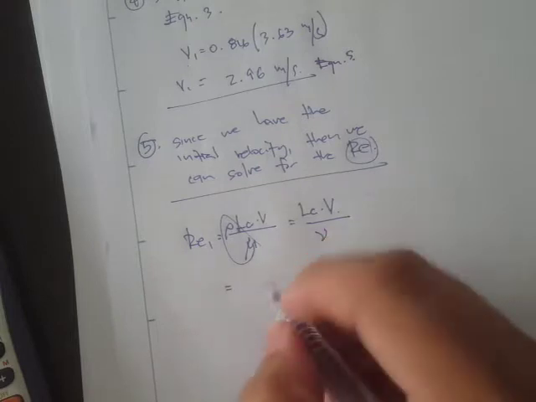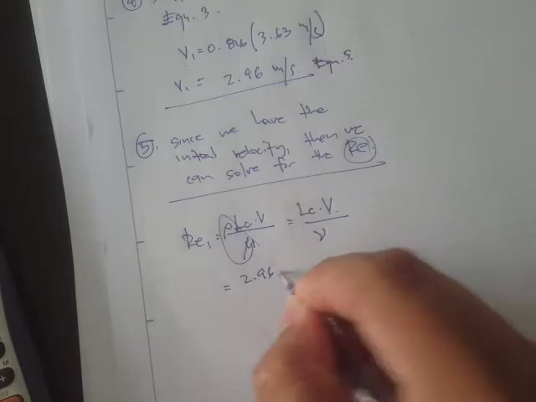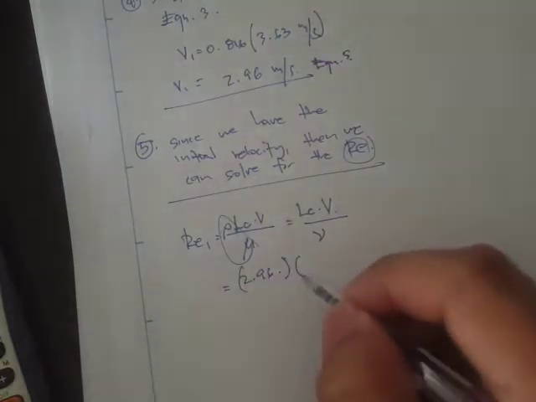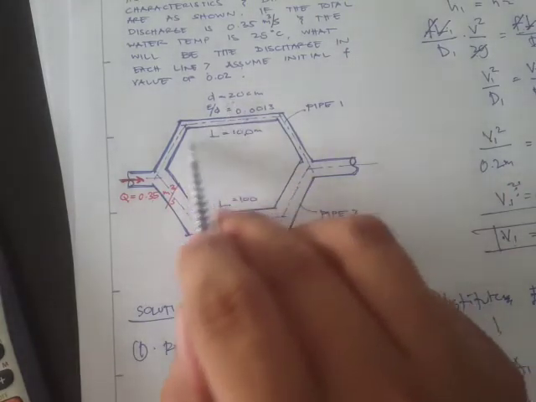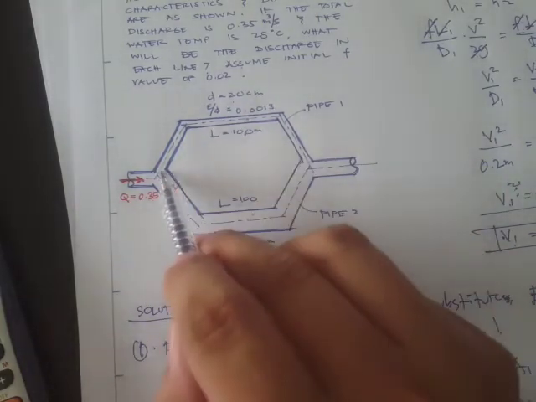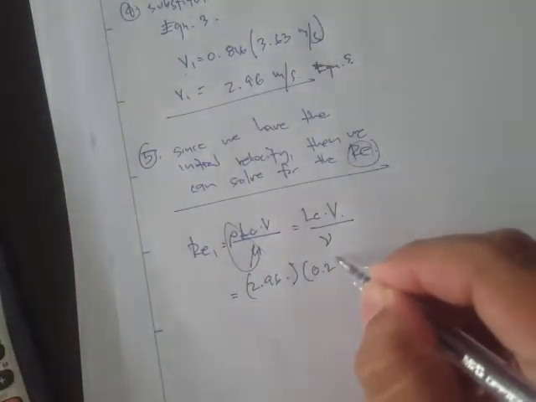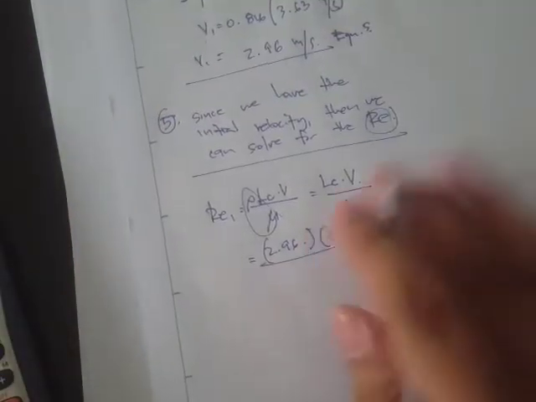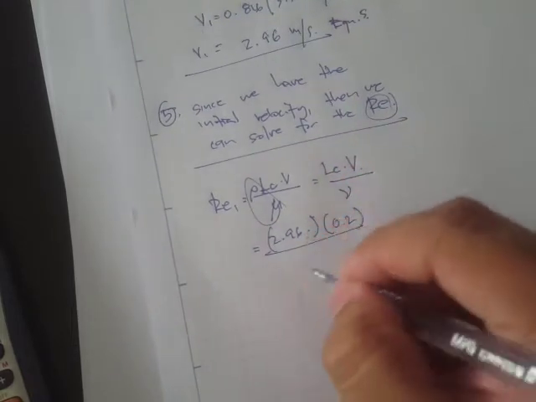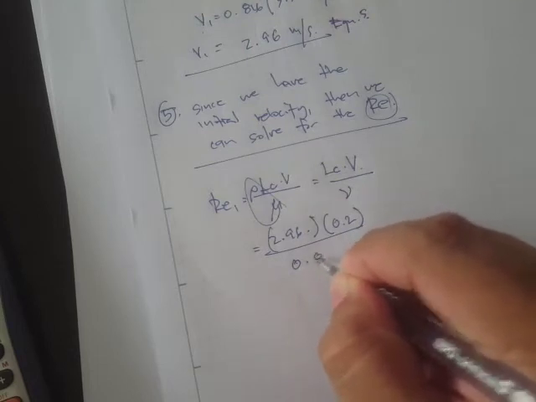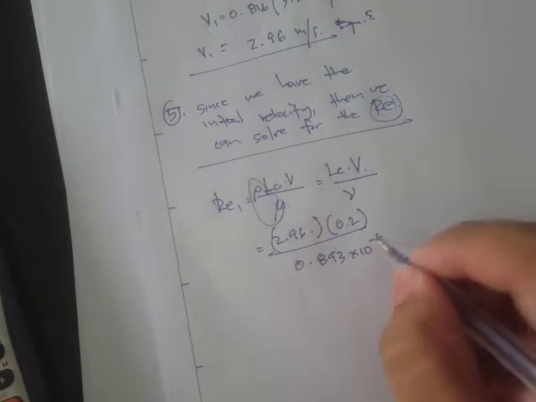So here, if we substitute all the values, our velocity is 2.96, and our characteristic length for pipe 1, since this is a circular pipe, is equal to the diameter, which is 0.2, divided by this value, which can be obtained from tables. So 0.893 times 10 to the negative 6.